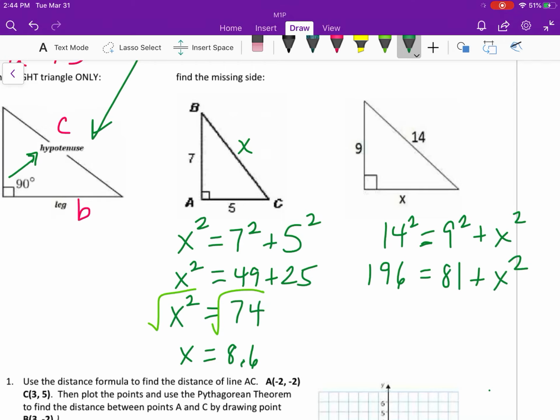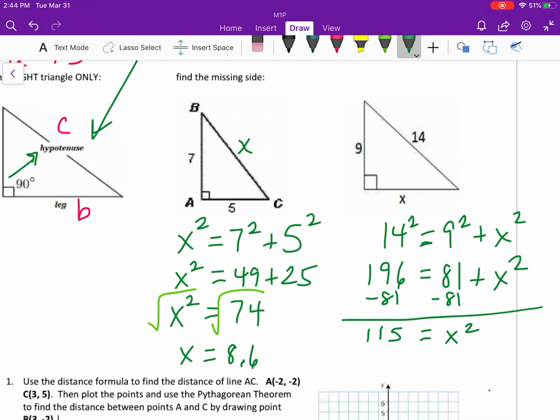Now this one's a pain because you actually have to solve for the x squared, so you have to subtract the 81. And you get 115. Okay, that's not, whoops, I made a mistake already. 196 minus 81.